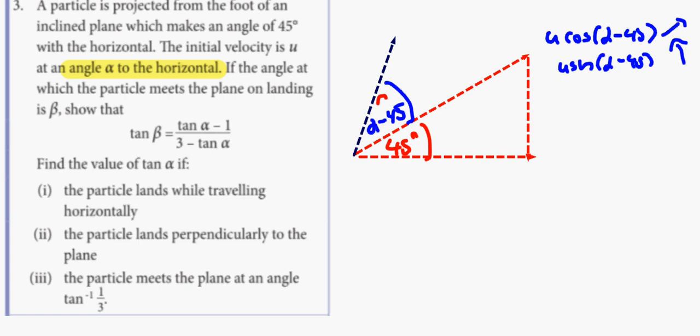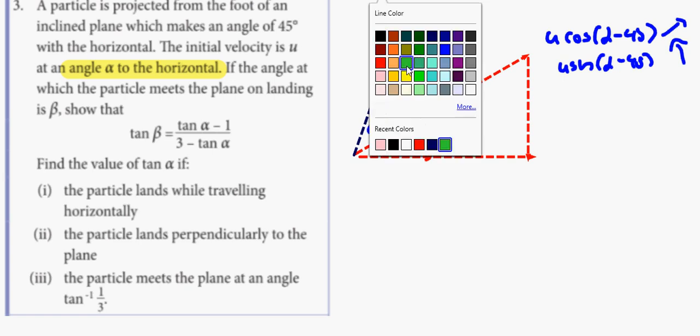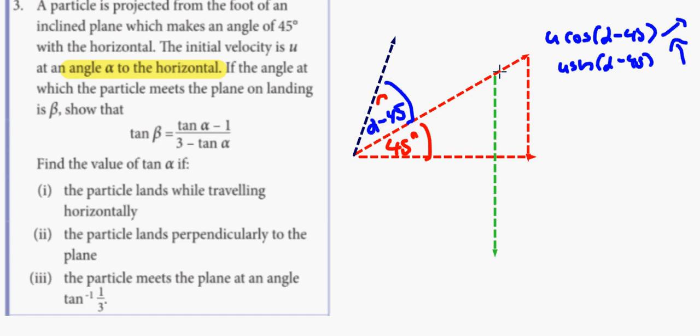Going to do my gravity triangle. G cos 45, which is G over root 2.